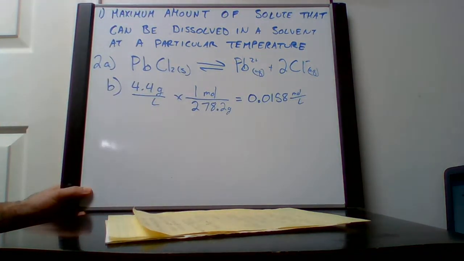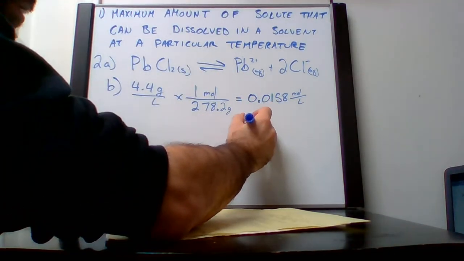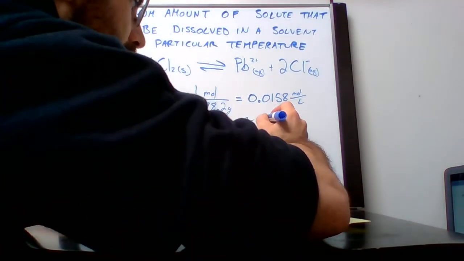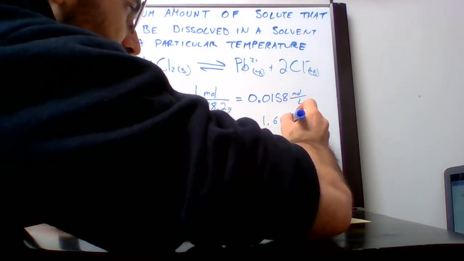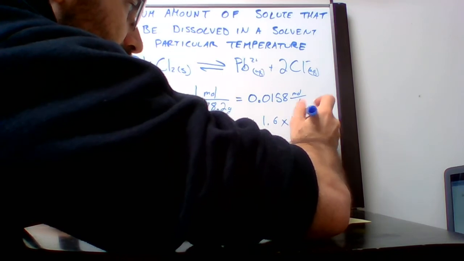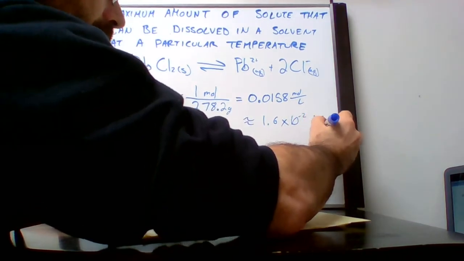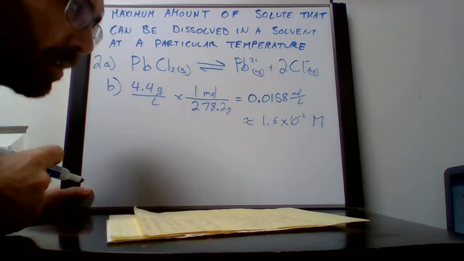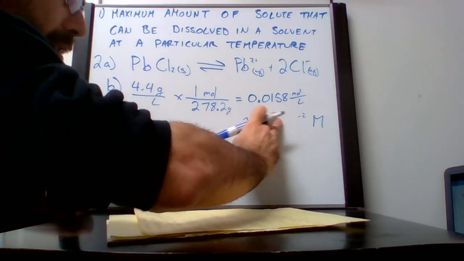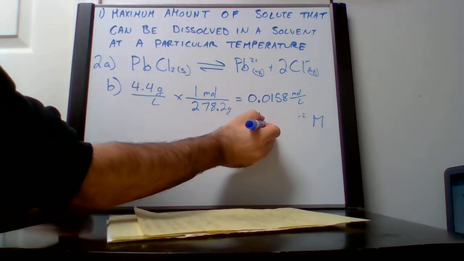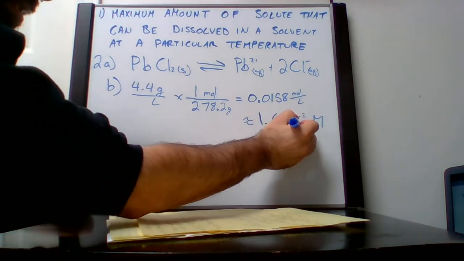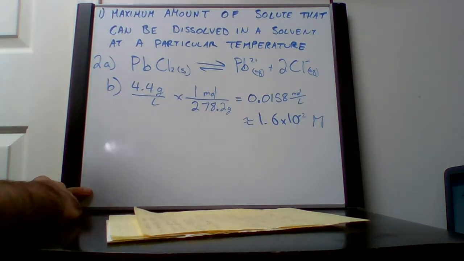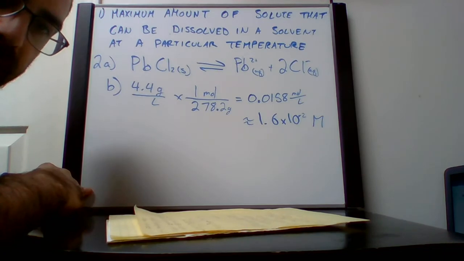But we don't want to forget our sig figs, and since we had 4.4, we are going to say that this is approximately 1.6 times 10 to the negative 2 molar.